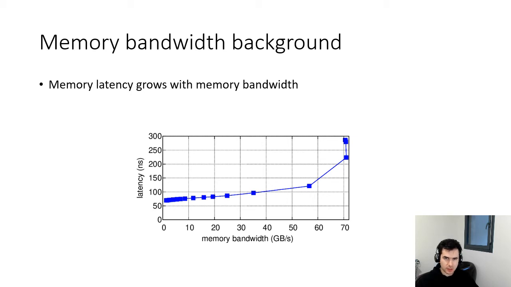For instance, in our system, the latency increase for the first 10 gigabytes per second is less than 1%. However, if we look at 35 gigabytes per second, we see an increase of 40%, and at 55 gigabytes per second, we see an increase of 70%.